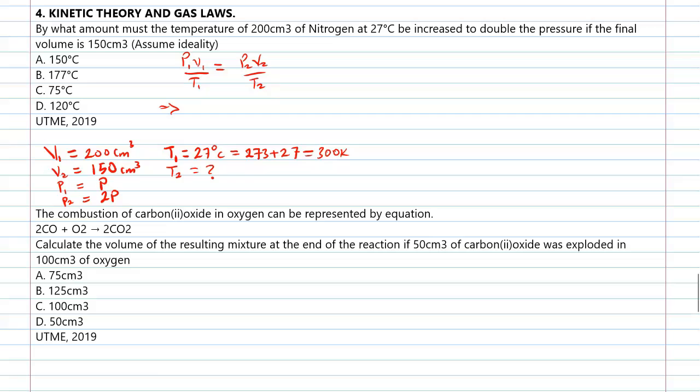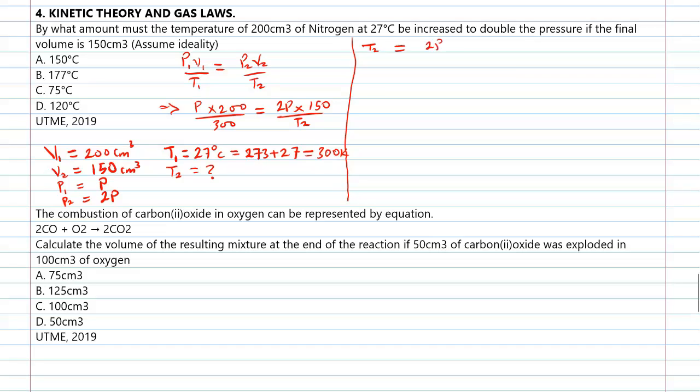This implies P times 200 divided by 300 is equal to 2P times 150 divided by T2. Let's make T2 the subject of the formula.